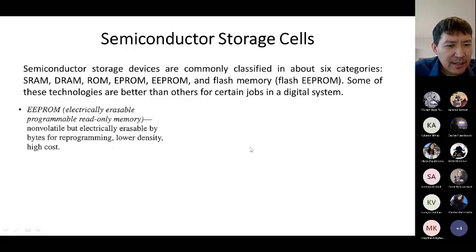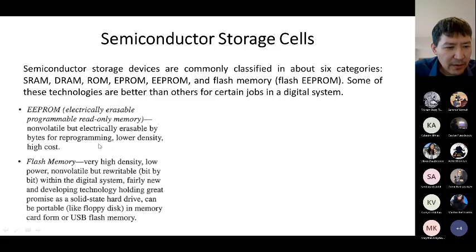So next one, it's EEPROM, electrically erasable programmable read-only memory. Not volatile, but electrically erasable by bytes for reprogramming, lower density, high cost. Okay, next it's flash memory, so very high density, low power, not volatile, but rewritable. What's the difference? We can rewrite bit by bit, where here it's by bytes, right?